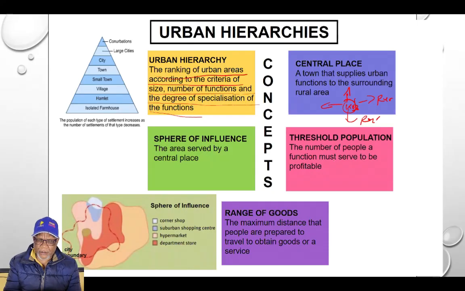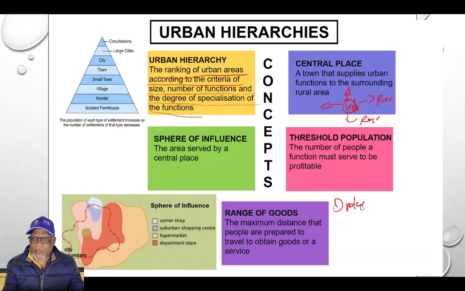However you explain it, so long as it has the same meaning. Then you have range of goods and services. So the range in this case does not mean a number of things. A range simply refers to the maximum distance that a customer is willing to travel for goods and services. And remember, the range of goods and services depends on the order of services.